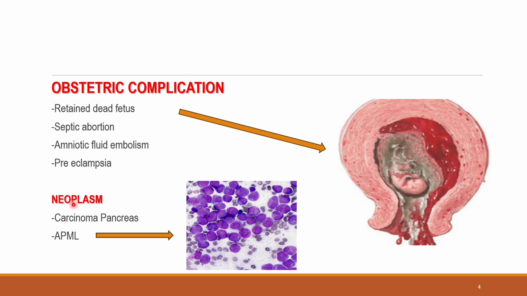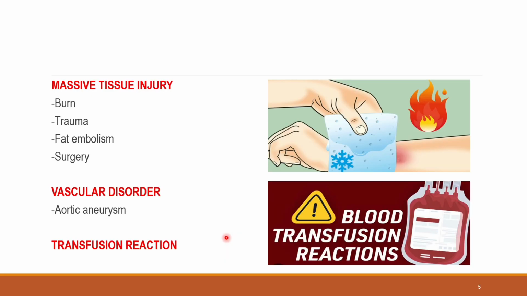Two particular neoplasms are associated with DIC. One is CA pancreas and another one is promyelocytic leukemia, right? This is one of the types of acute myeloid leukemia, formerly known by the name M3. So in these conditions, DIC can develop. Another condition is massive tissue injury, which will lead to thromboplastin release, right?